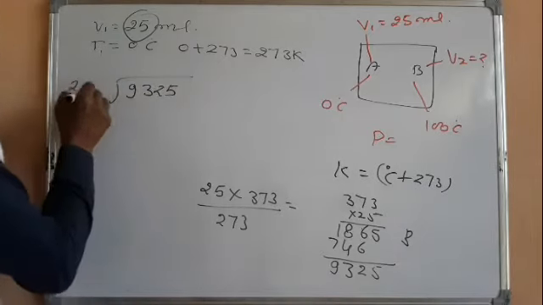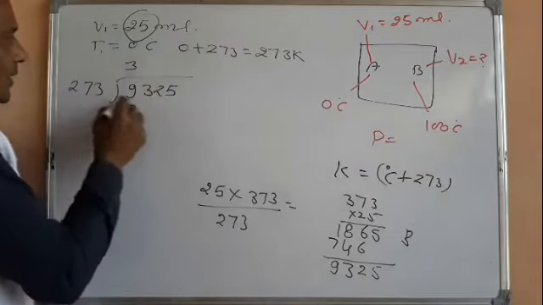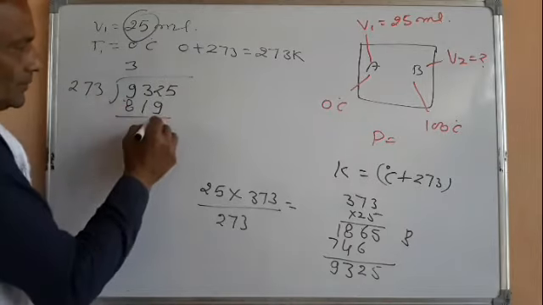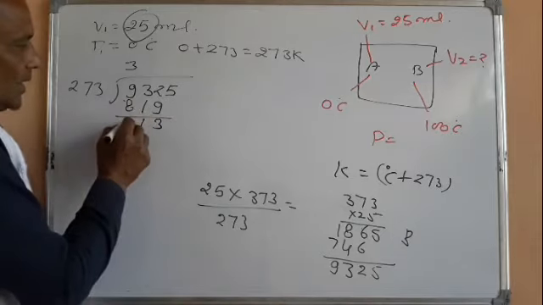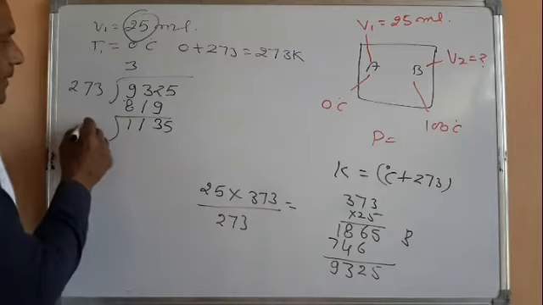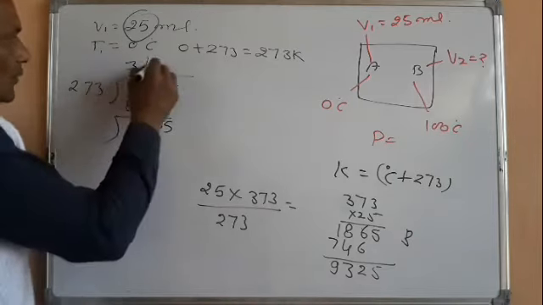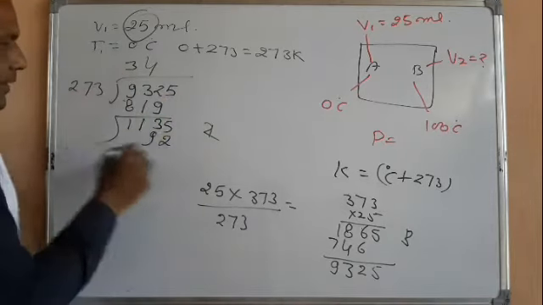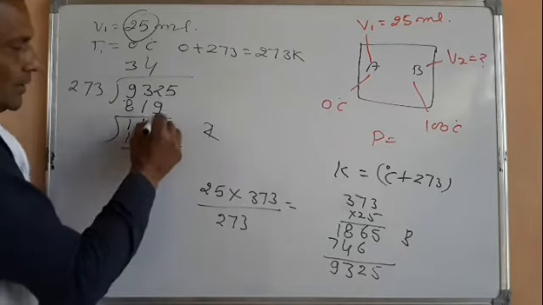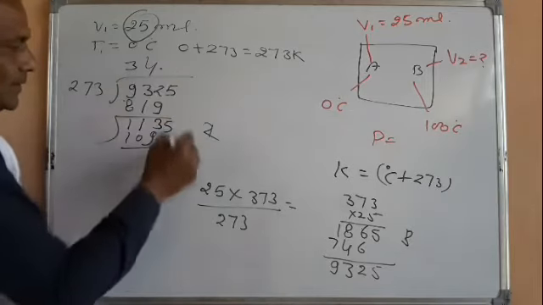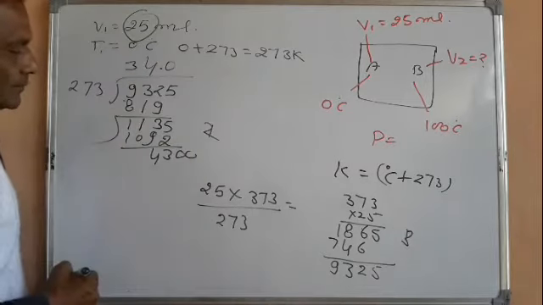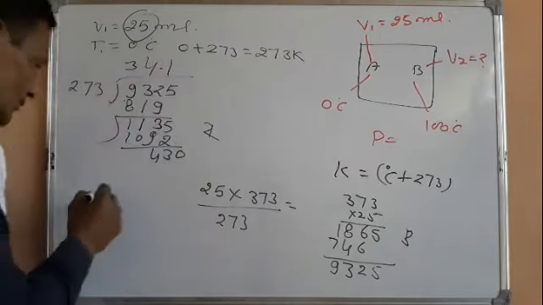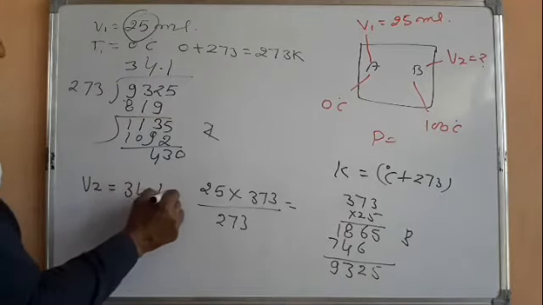So student, the value of V2 is equal to 34.1 ml.